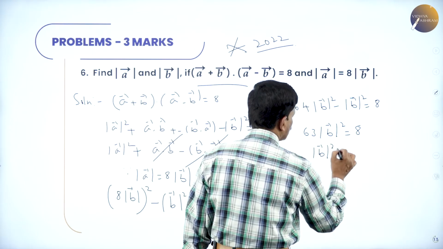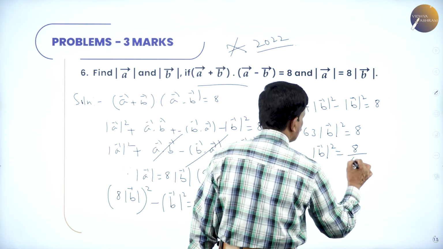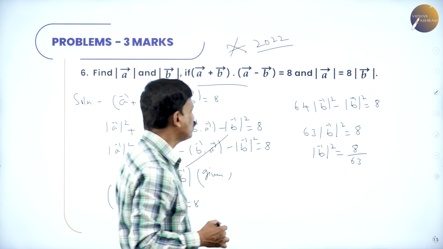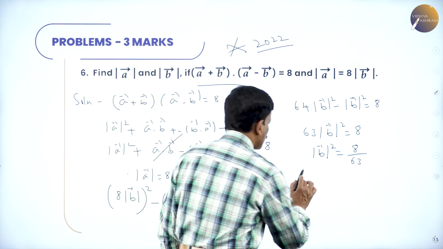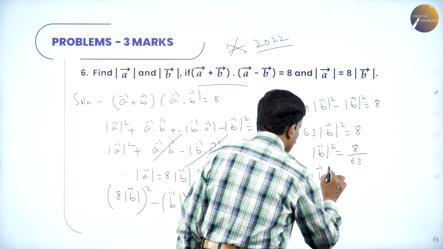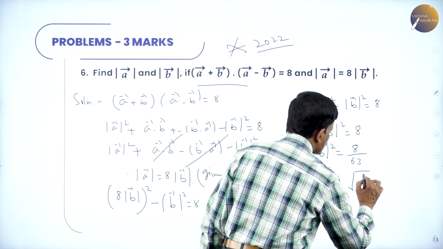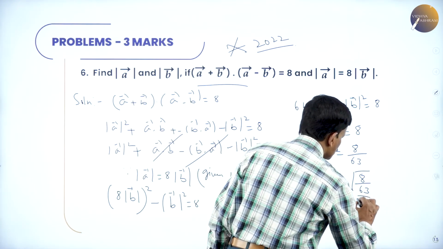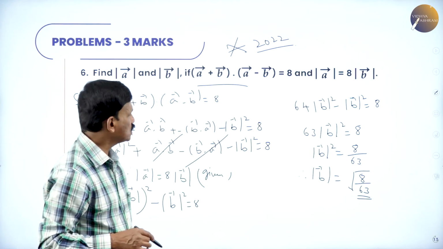Therefore, length of b square is equal to 8 by 63. Therefore, length of vector b is equal to square root of 8 by 63.